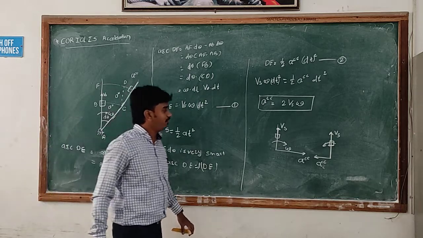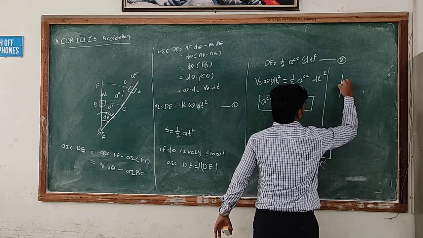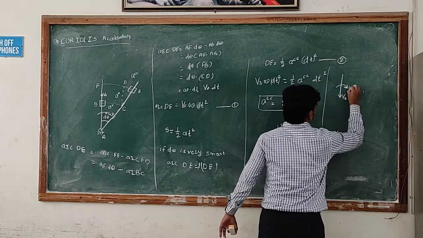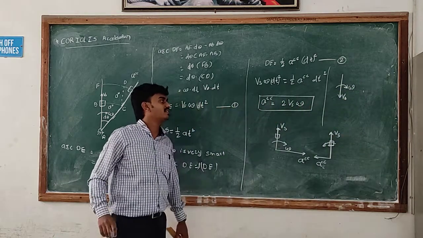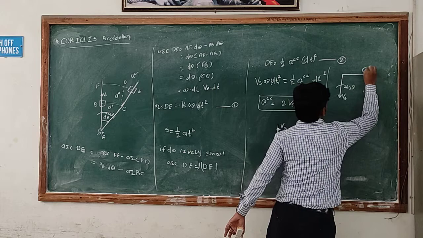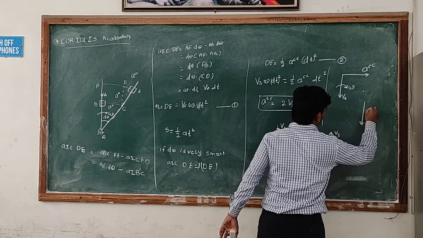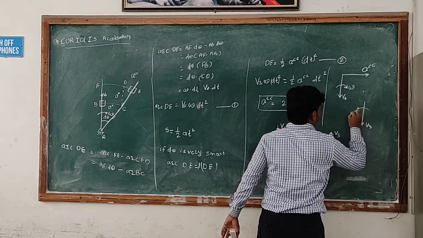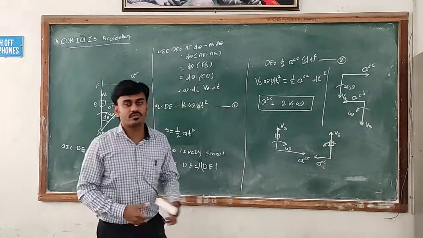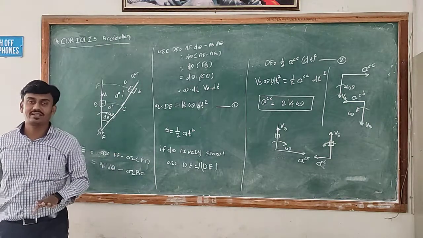If this link is rotating in this direction and this is the Vs, then the Coriolis component of acceleration is in this direction. And if this is the Vs and this is the angular velocity omega, then this is the ACC. In this way, we can find out the direction and magnitude of the Coriolis acceleration.